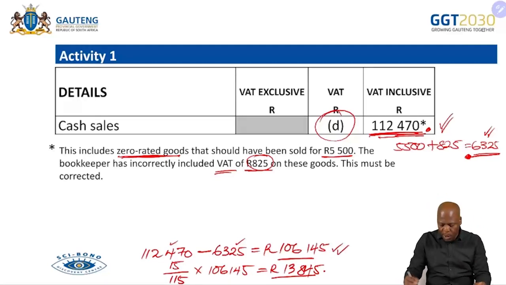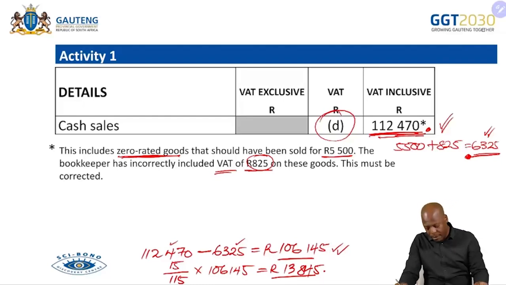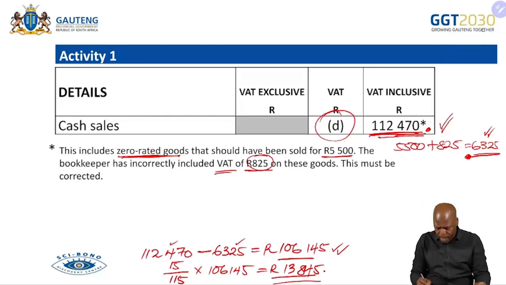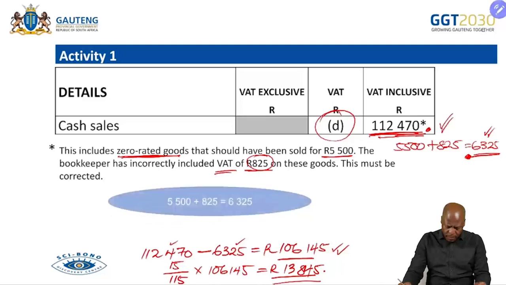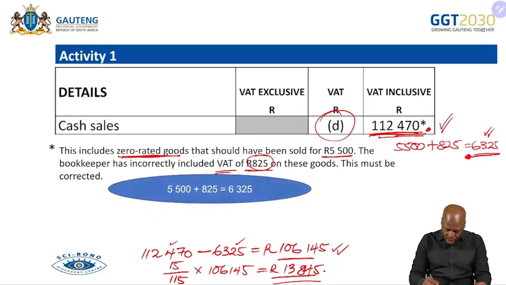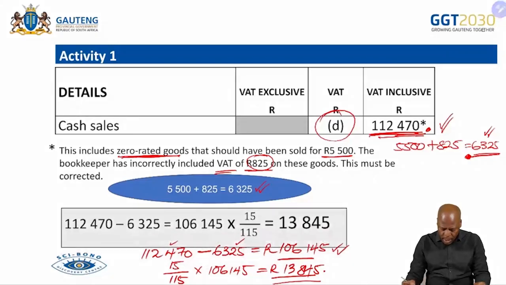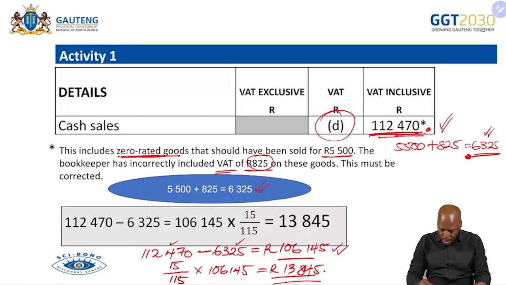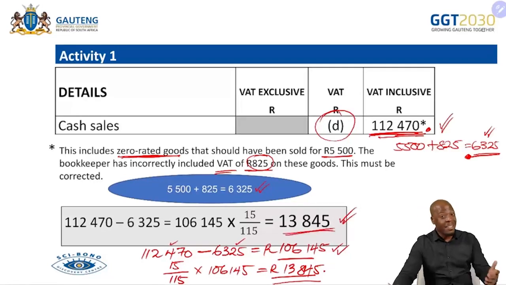Then we remain with 106,145. And then we can now calculate our VAT. All right. So there is the calculation. Also what we did, that is how we get our 6325. And then we can do the calculations. There it is. Then we end up with our 13,845. Okay, hope this is making sense.